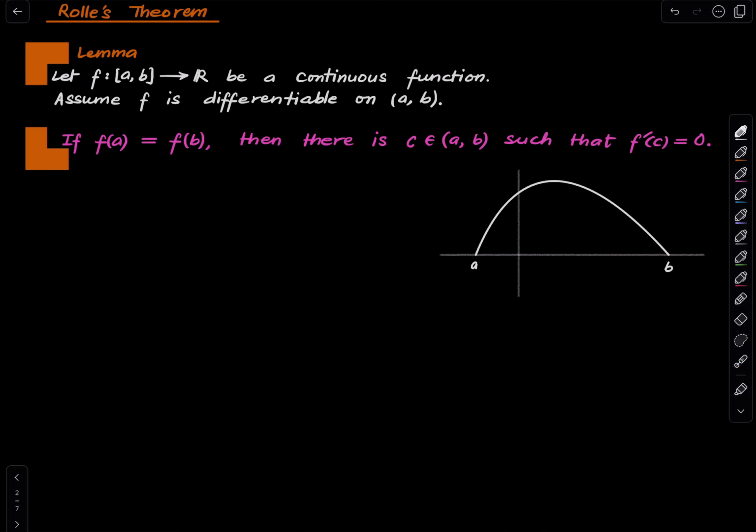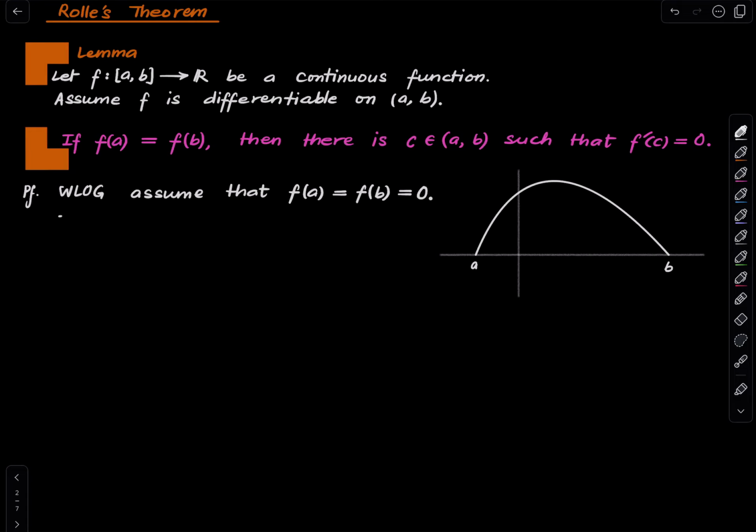So the first step is, without loss of generality, assume that f(a) equals f(b) equals 0. Okay.